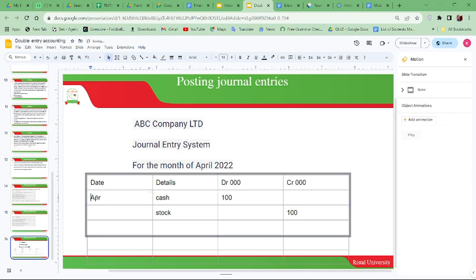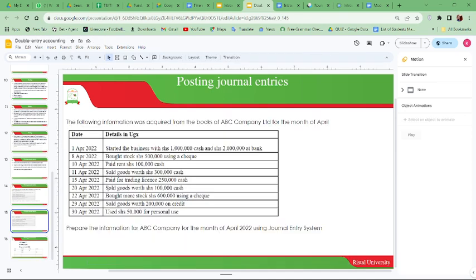So you indicate the date. You put your description by saying sold goods using cash. Here we look at 22nd April, bought more stock, 600 using a check. The company bought more goods.